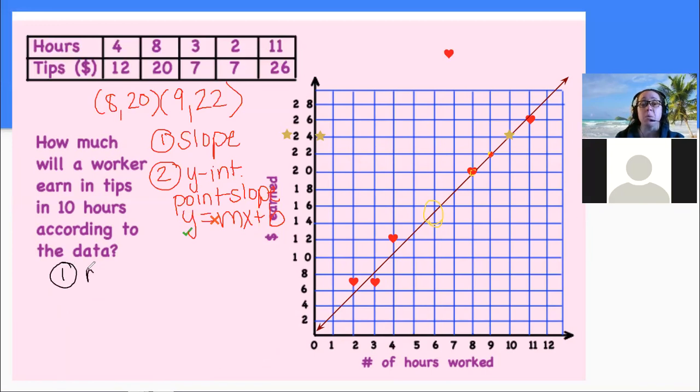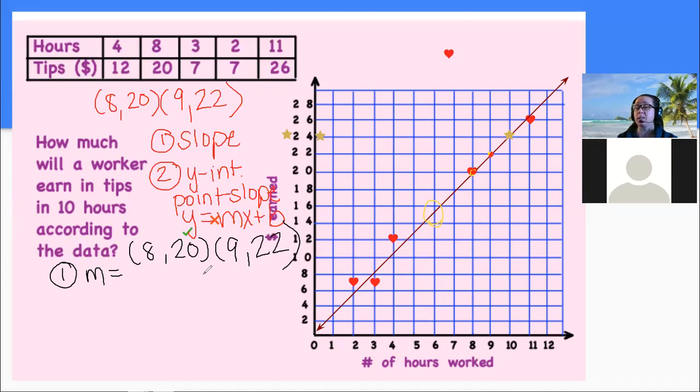But okay, let's find the slope. To find the slope super fast, all we've got to do is subtract the y's on top and then subtract the x's on the bottom. What are the y's in my 2 points? 20 and 22.